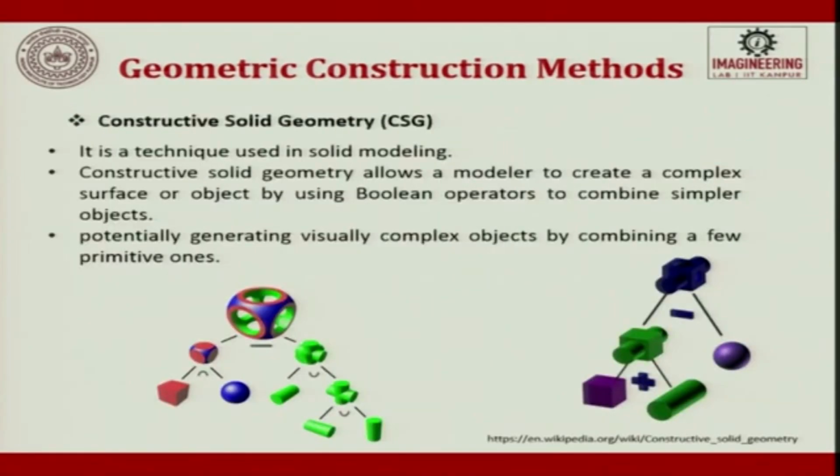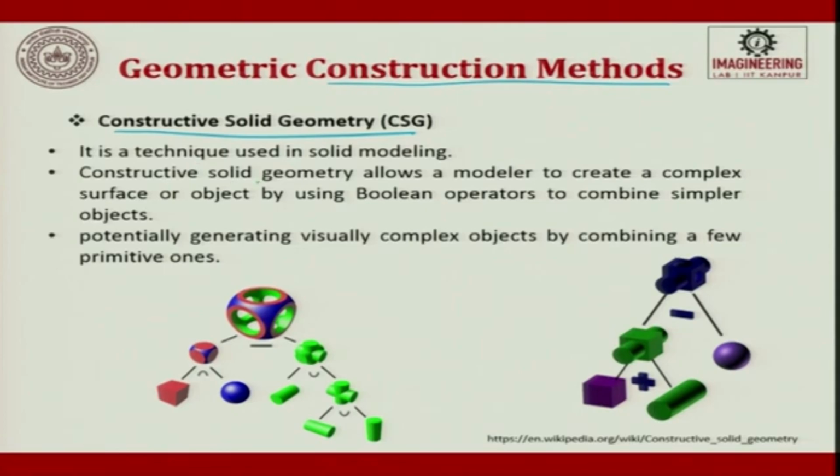The next one is called constructive solid geometry, which is also used as part of construction method. Constructive solid geometry means using these Boolean operations, you can try to draw or store or develop any three-dimensional object from the solid model, whatever it exists. This is a technique used in solid modeling.